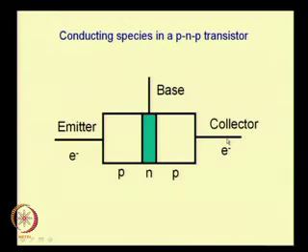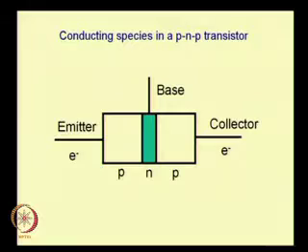So we have 5 regions and 2 species spread out across these 5 regions which conduct charge. And the manner in which they are able to pass on the charge to each other, whether or not they are free to move, these are the phenomena that define how the PNP transistor behaves. So that is how the process occurs.